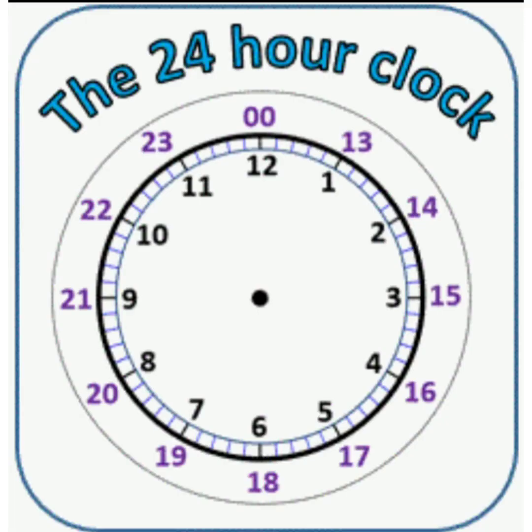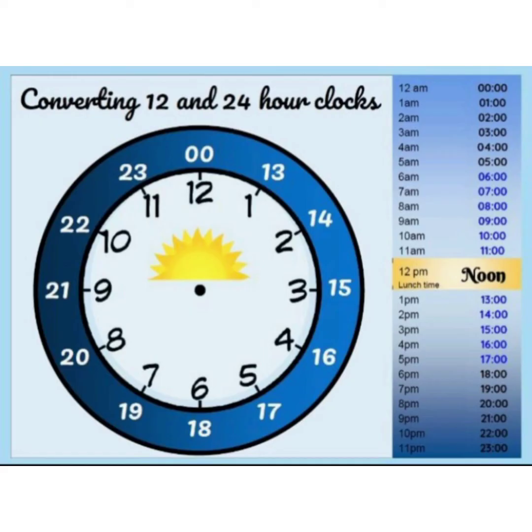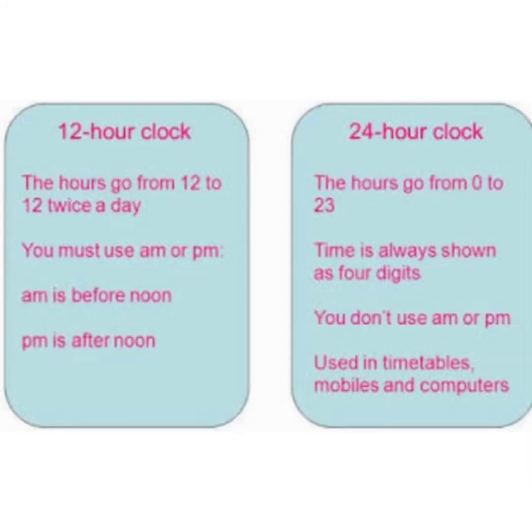Next one is the 24-hour clock. The 24-hour clock is referred to in the United States and some other countries as military time, in which the day runs from midnight to midnight and is divided into 24 hours, numbered from 0 to 23.